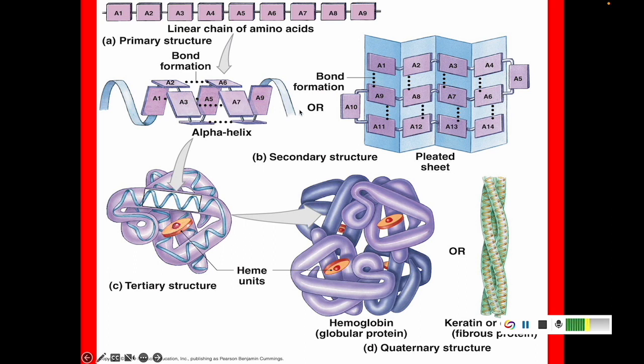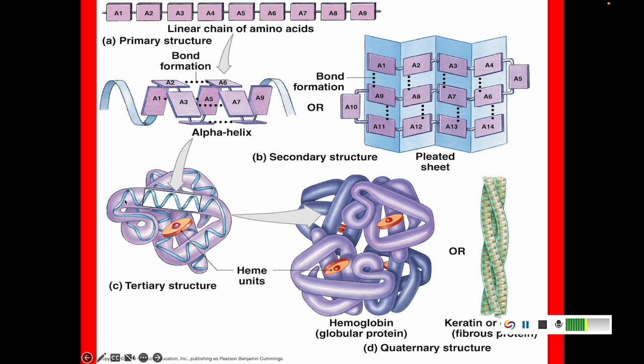Then these twists and sheets start to fold up into some three-dimensional shape. So I think of tertiary means three-dimensional structure we have going on here. This is going to be things like hydrophobic R groups are going to turn into the middle of the protein away from water.